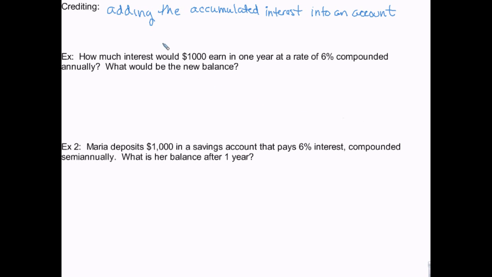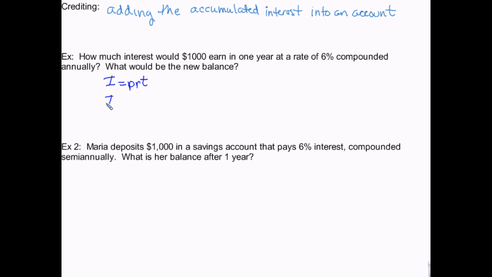Okay, so we want to know how much interest would $1,000 earn in 1 year at a rate of 6% compounded annually. For right now, before we get into there is a formula for compound interest, but for right now we're going to use the simple interest formula to show how compound interest works. Okay, so I've got my formula.